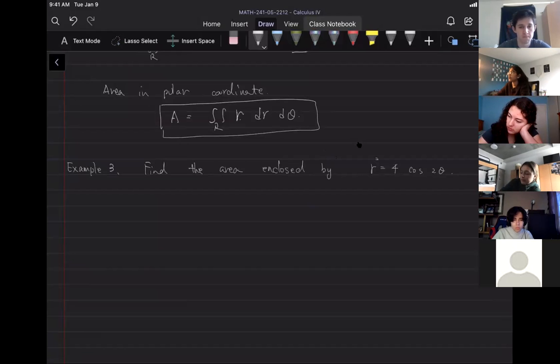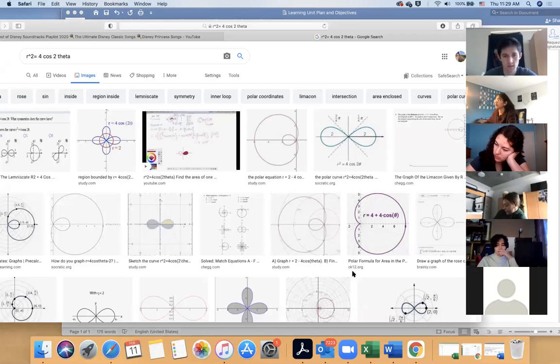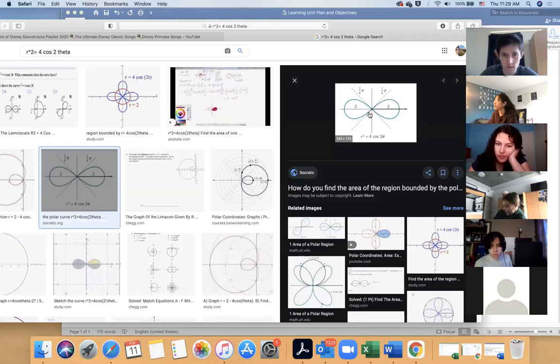Online you can see a lot of graphs. I can share the screen with you. Can you see my shared screen? I just Googled r squared equals 4 cosine 2 theta, so it's here. This is the graph. In the quiz, I will give you this graph. Don't worry.